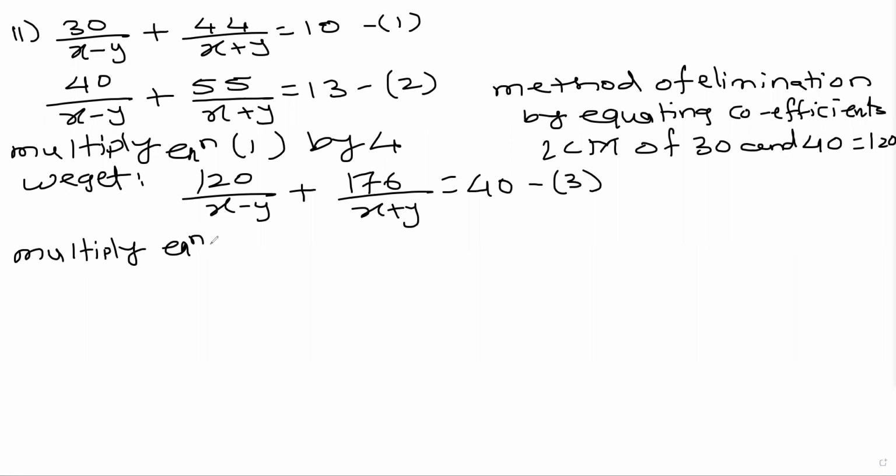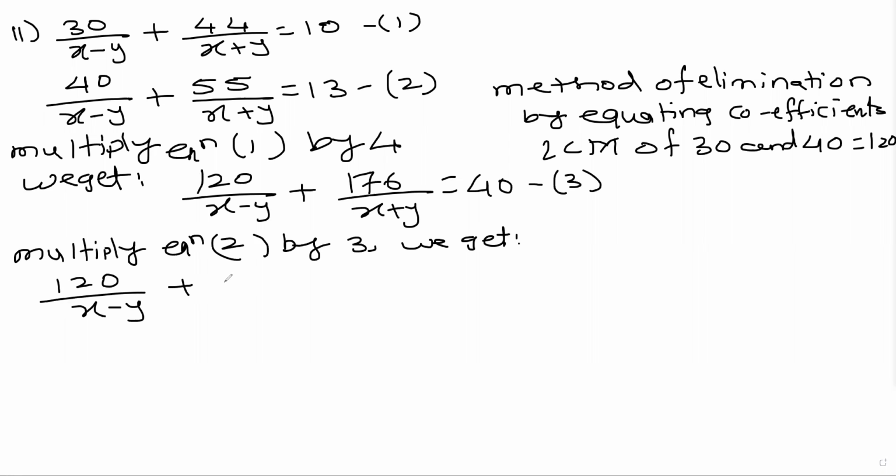We get 120 upon x minus y plus 165, since 55 into 3 is 165, upon x plus y is equal to 39. Correct.